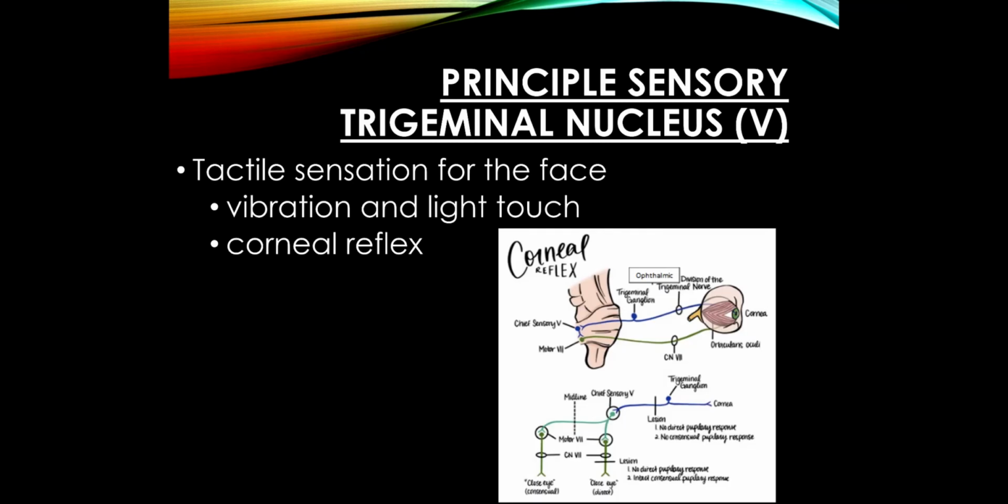All right, the other trigeminal nucleus we pointed out is the principal or chief sensory trigeminal nucleus, and this is tactile sensation for the face, so vibration and light touch predominantly. In addition, we can get information about this nucleus by doing the corneal reflex. So we mentioned this in the neurologic examination, that when you touch the cornea, both eyes should close.